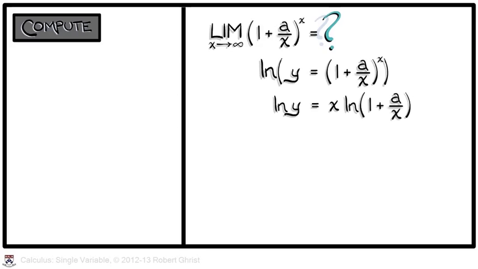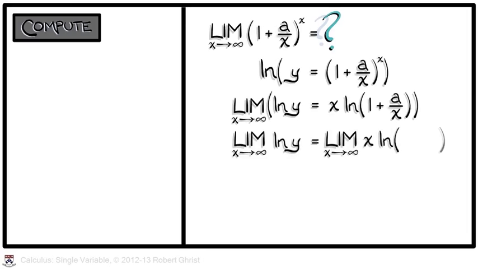Now we have something that we can work with. We're not differentiating. We are taking a limit. On the left is close to something we want to get, the limit of log of y. On the right, we have the limit as x goes to infinity of x times log of 1 plus a over x. Now, how is this helping us at all?